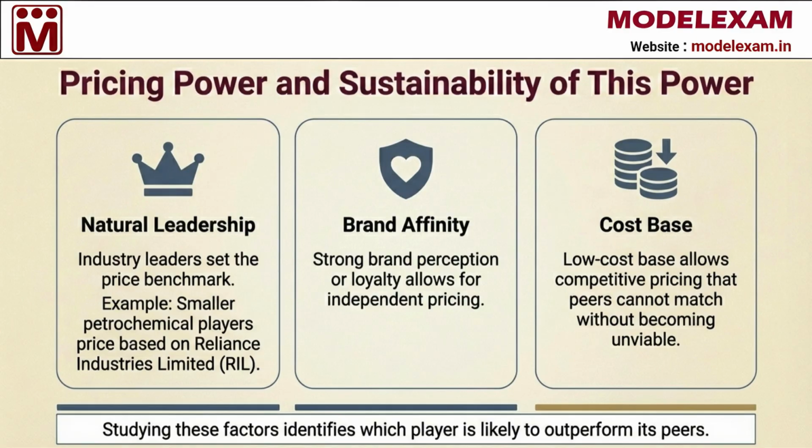For example, smaller petrochemical players often price their goods based on Reliance Industries Limited or RIL because RIL is the market leader. Second is brand affinity. If a company has strong brand perception or loyalty, it can price independently. Third is cost base. A low cost base allows for competitive pricing that peers cannot match without becoming unviable. Studying these factors helps identify which player is likely to outperform its peers.